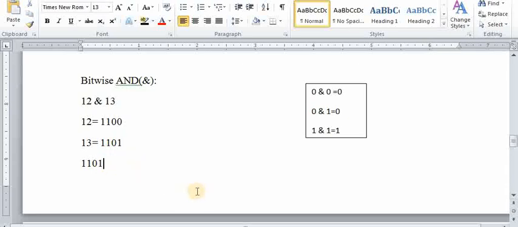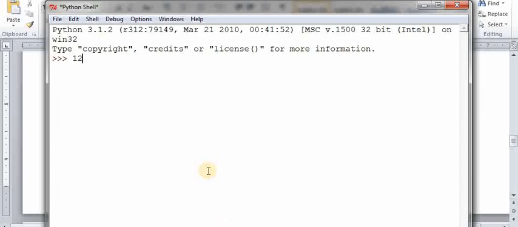What will be the result? The result will obviously be 1101. 1101 equals 13. Let's check it. Write down 12 and 13 equals what? That is 12.